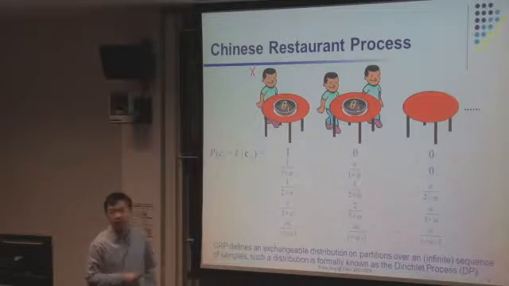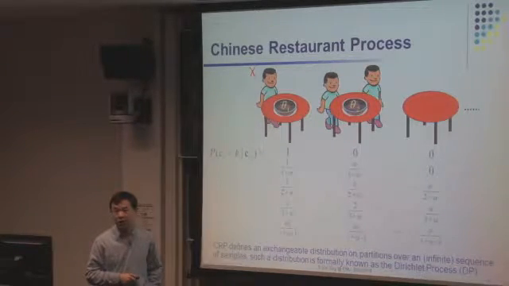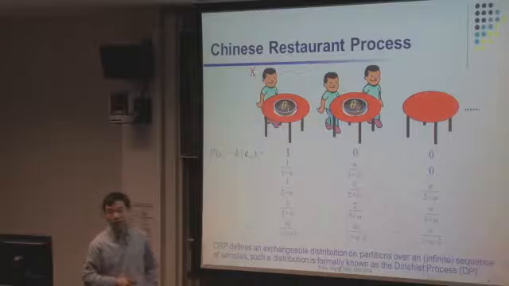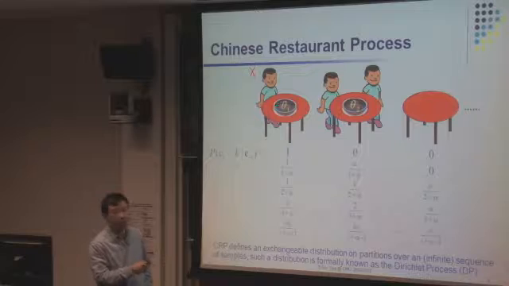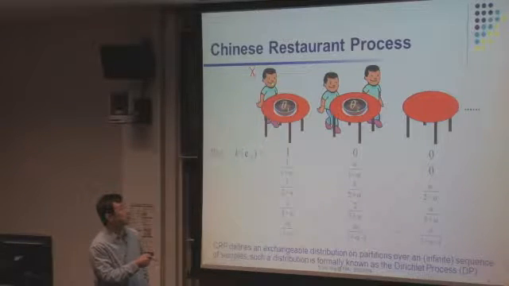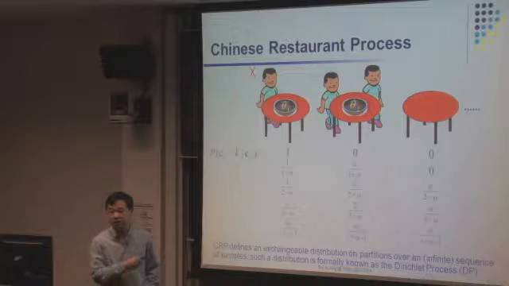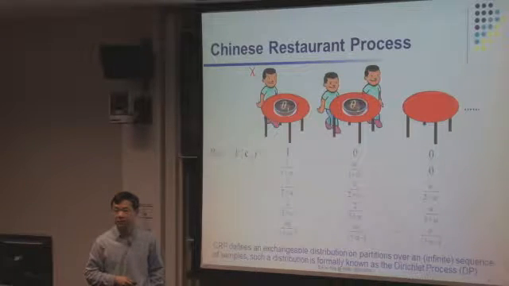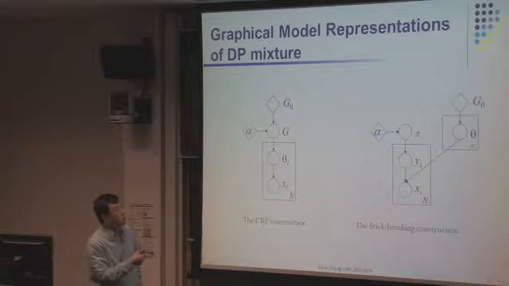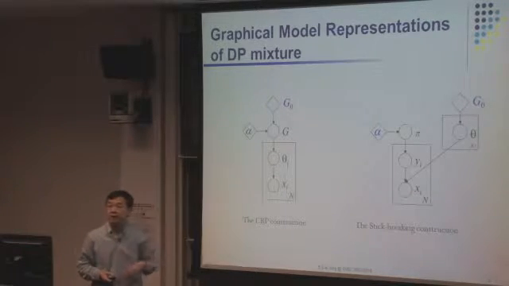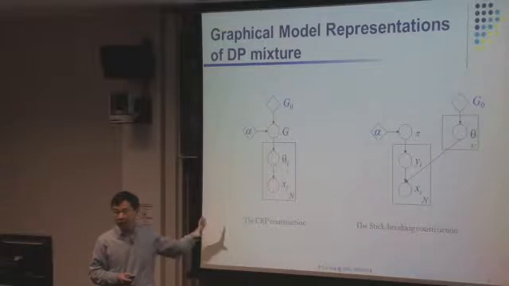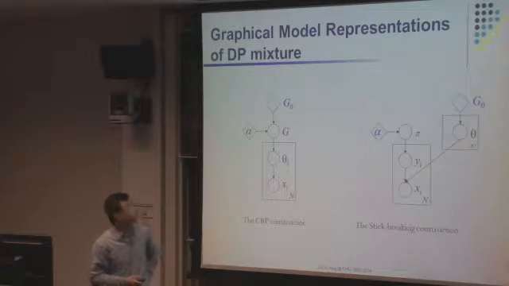We then use this atom to define the centroid of the distribution for the data points sitting around this table. That allows you to now write down the likelihood of the actual data, which is relevant to how customers are sitting around the tables, and also how customers are related to the dishes, or the centroid, served on each table. Clear about that?